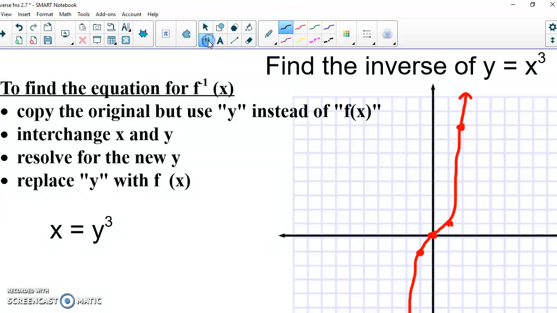So that's easy enough. Since I want to get y by itself, I'm going to cube root both sides. When I find the cube root of something cubed, that just makes the cube go away. So I end up with y equals the cube root of x. And then I can rewrite this as f of x equals the cube root of x. And I'm done.